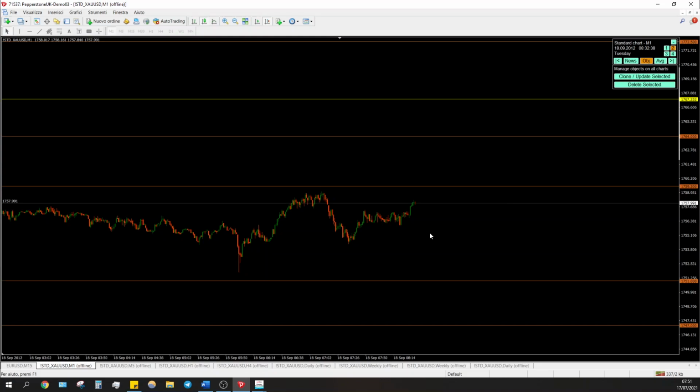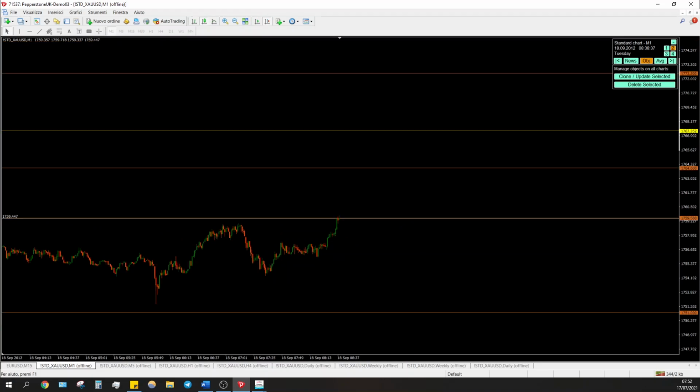So now we can have a break and retest, look for it, and continuation up. Or we can see the reaction and rejection at the key level, as we were saying.